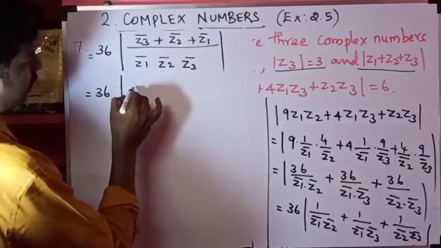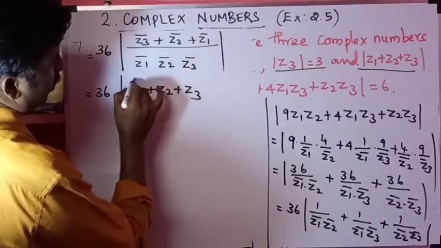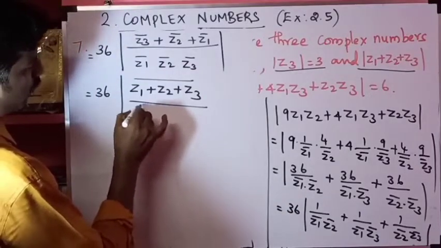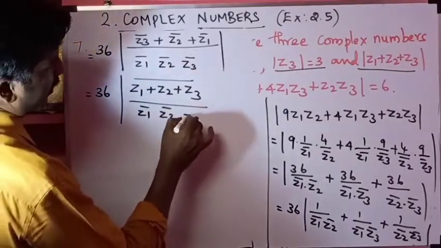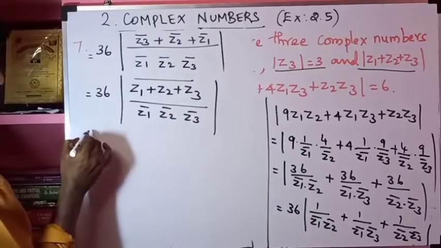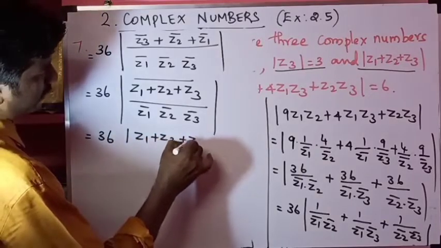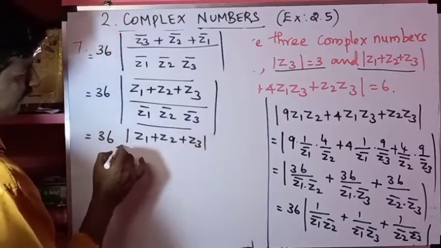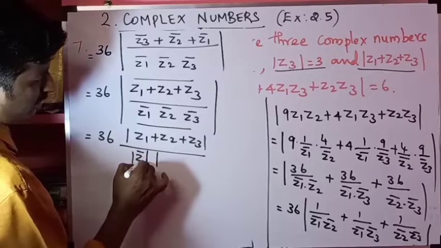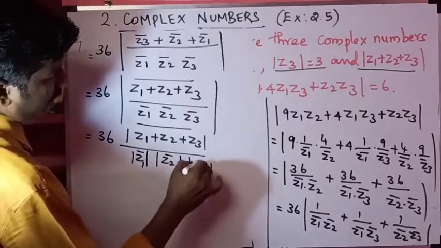There is a separate bar on each, so this can be written as z1 plus z2 plus z3 the whole bar, divided by z1 bar z2 bar z3 bar. Now we take the modulus. So this can be written as 36 modulus of z1 plus z2 plus z3 whole bar, divided by modulus z1 bar, modulus z2 bar, modulus z3 bar.